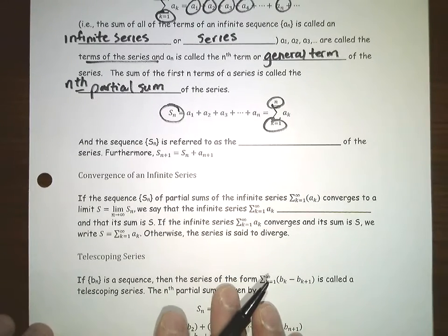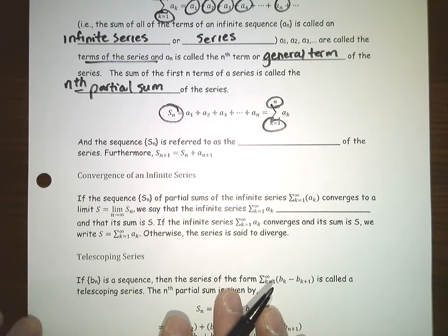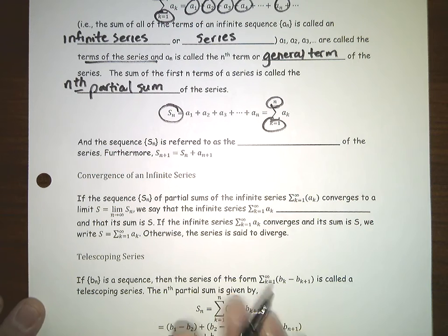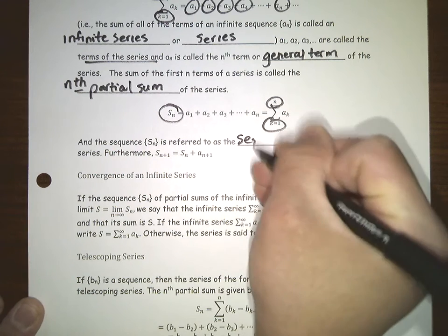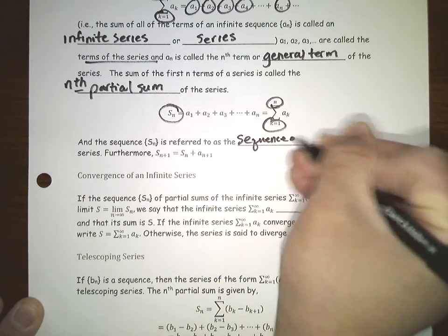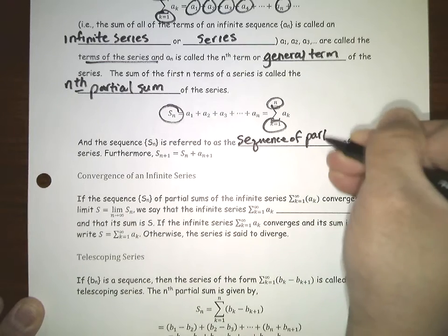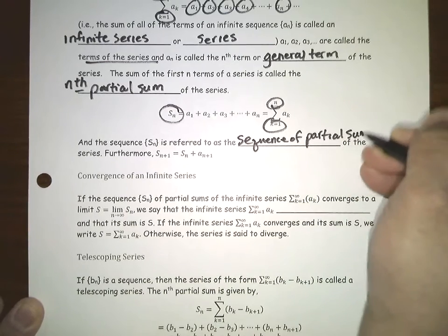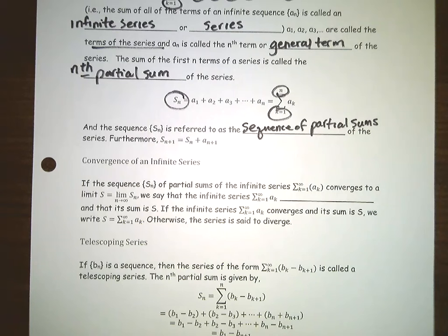And the sequence Sn is referred to as the sequence of partial sums of the series. And so Sn plus 1 is Sn plus An plus 1.